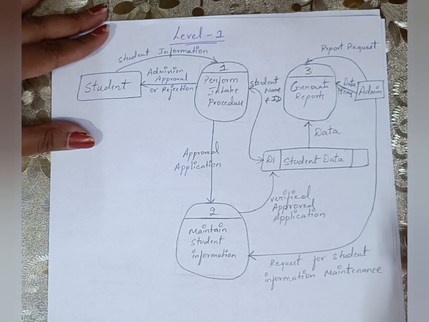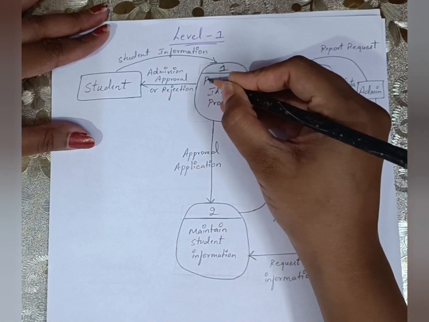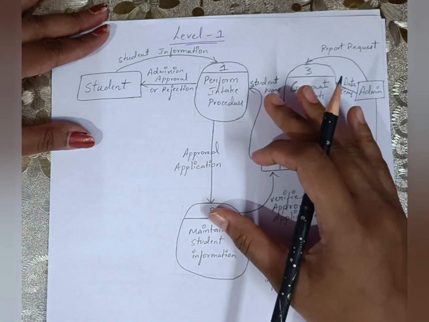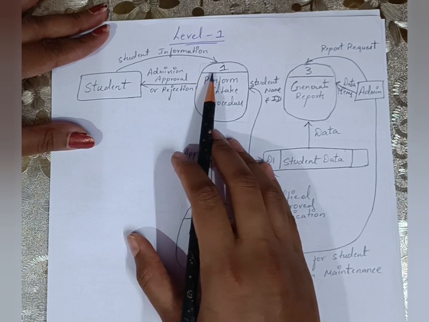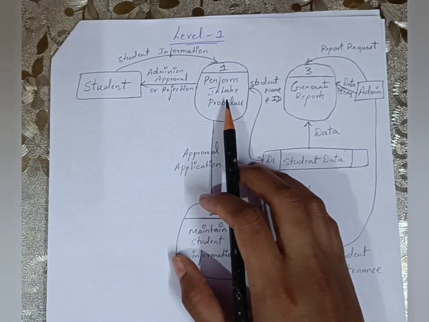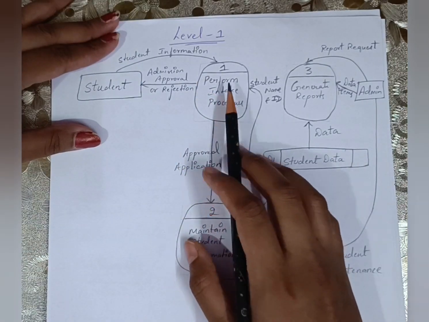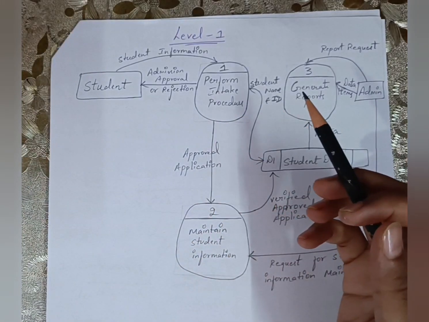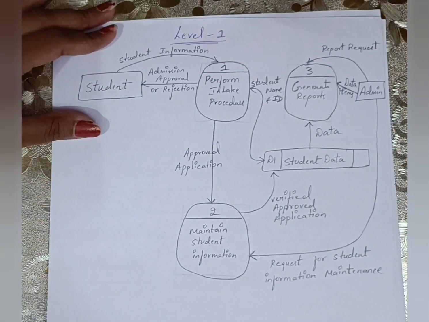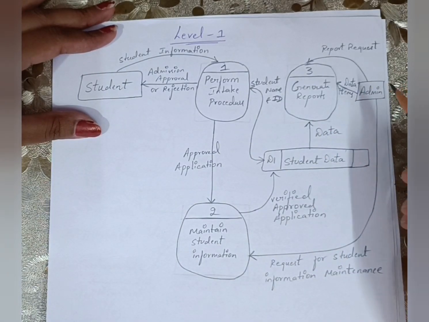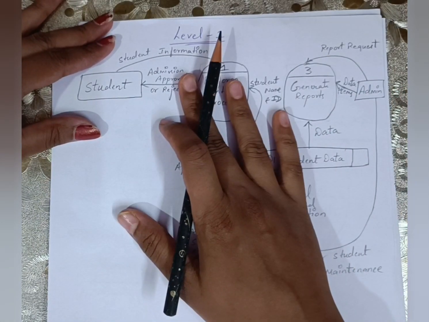So now, student requesting information. Here the student will perform the intake procedure. You might have to give an entrance test, and you might have to submit some documents. All those things will be happening here.